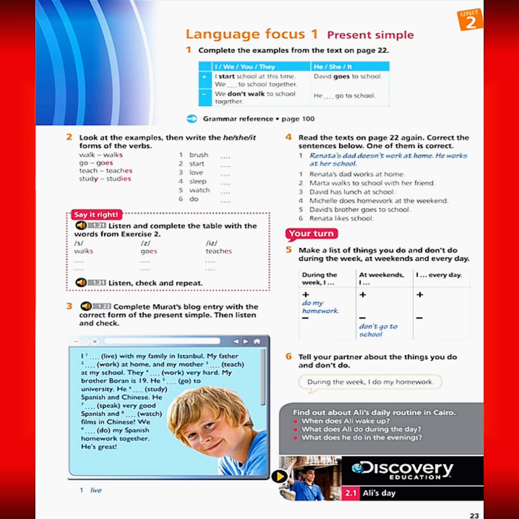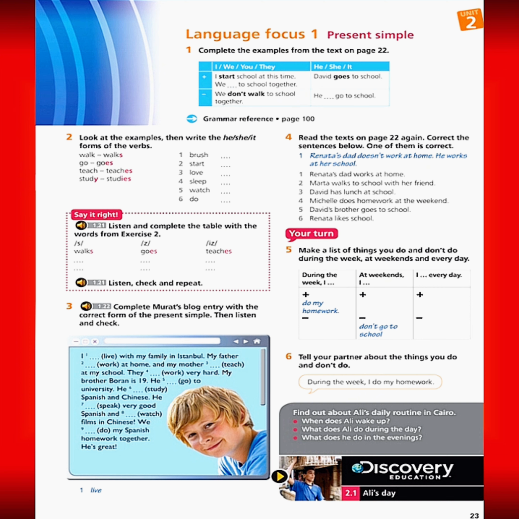Spelling. Third person. The third person form of the present simple ends in S. Eat becomes he eats. Read becomes she reads. Live becomes it lives. When the verb ends in consonant plus y, we change the y and add ies to the third person, such as carry becomes he carries.